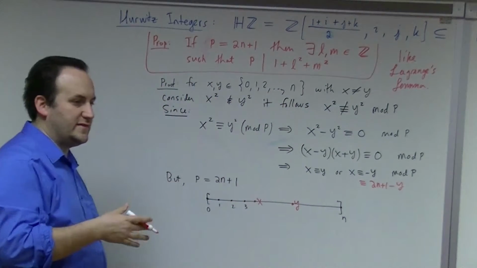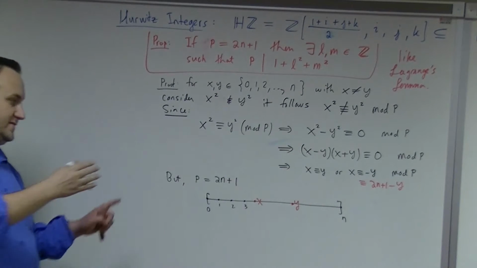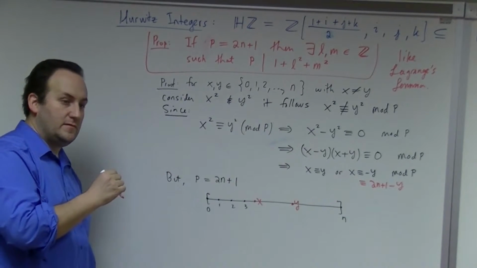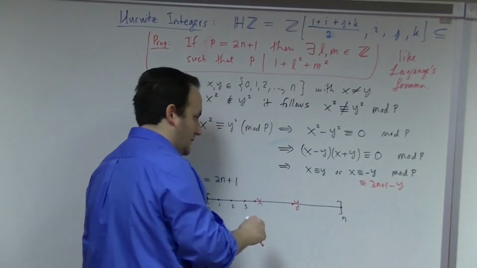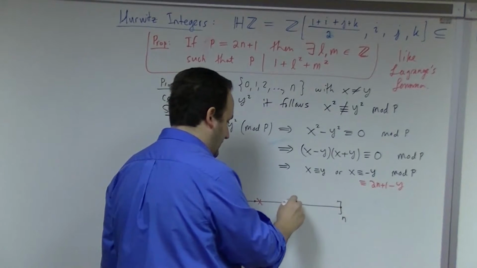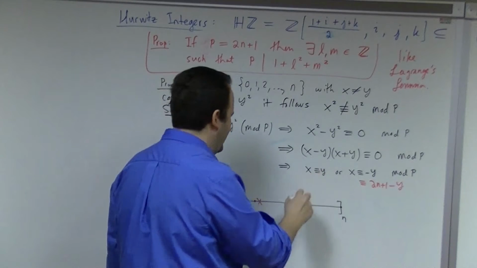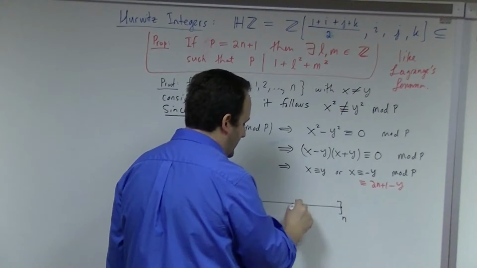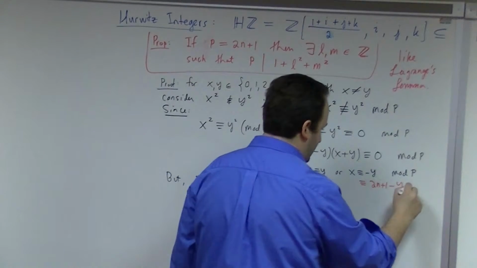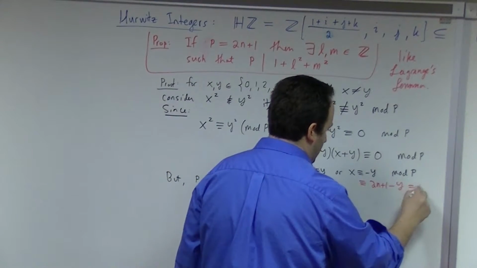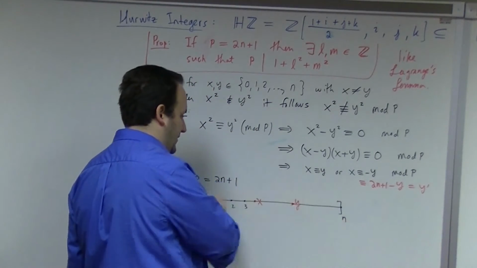Let's suppose we want to look at the representative that fits on this part of the number line. Then I'd have to add 2n plus 1 minus y. So that would be this guy. Oh, I'm an idiot. Excuse me. So this is y, but this would be not the same thing, right? Let me call this y prime. In principle, y prime has to be somewhere in here, right?